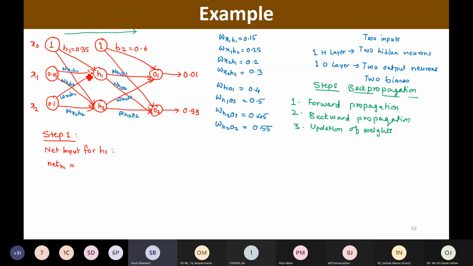I am having this X1 multiplied with this weight, and this X2 multiplied with its associated weight, and we are having this X0, which is 1, multiplied with the bias.